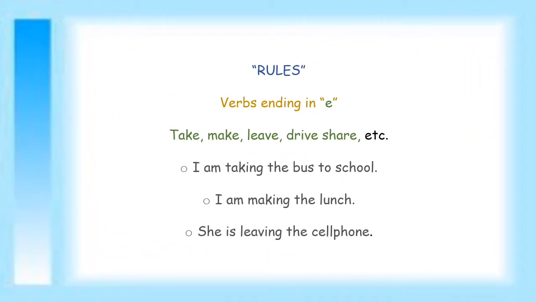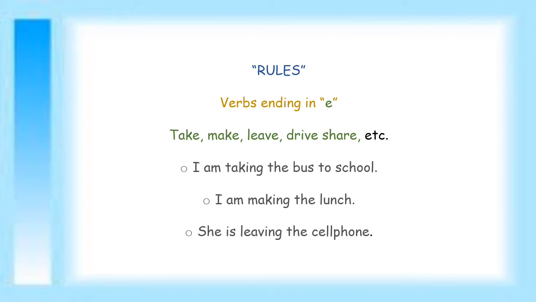Okay, another important thing is that the present progressive or present continuous has some rules. For example, the first one says that with verbs ending in E, for example take, make, live, drive, share, as you can see, these verbs end with the letter E. In this case, we have to delete that letter and add the ing form.